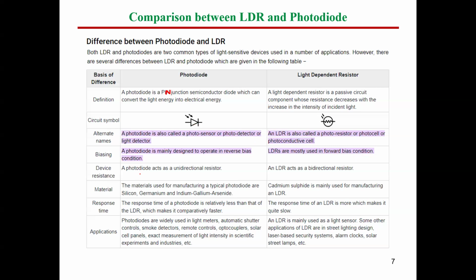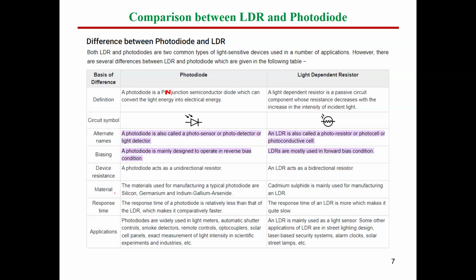The device resistance: the photodiode acts as a unidirectional resistance because the current can flow only in one direction. But the LDR acts as a bidirectional resistance because the current can flow in both directions, because it has no electronic component inside. It's just a resistor.